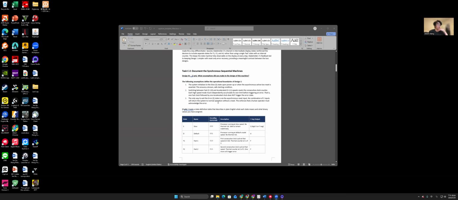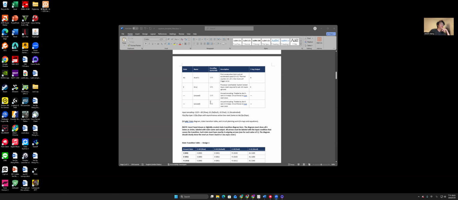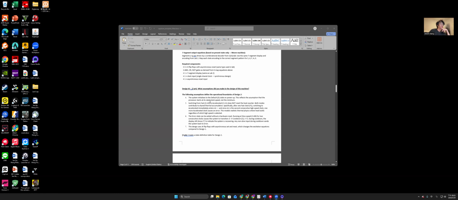And design two is more realistic because it includes the cooldown recovery path. In that design, the processor can recover from error by staying in slow mode for two clocks.